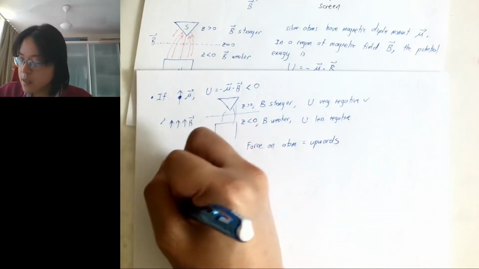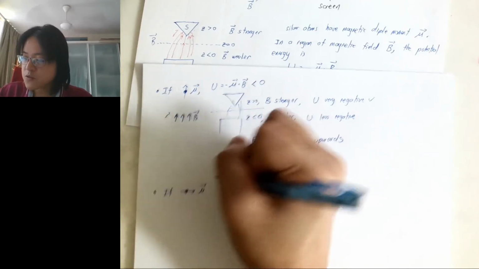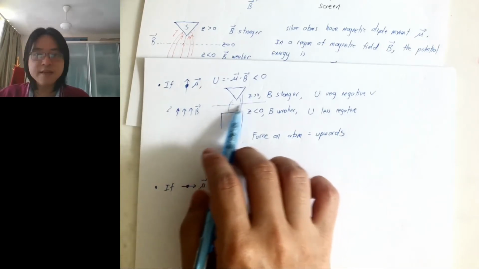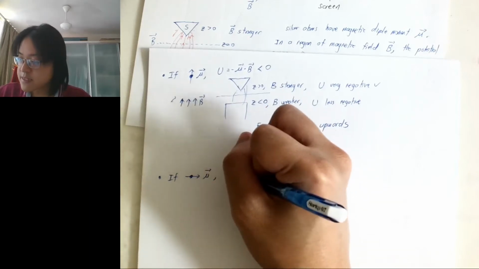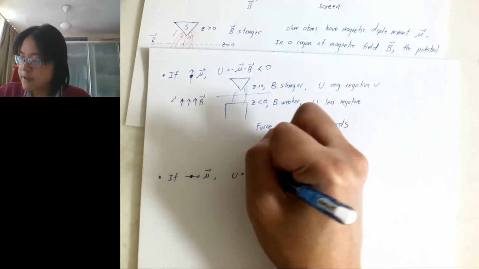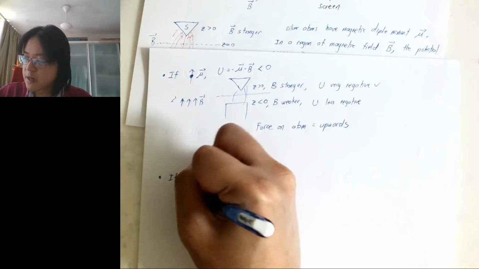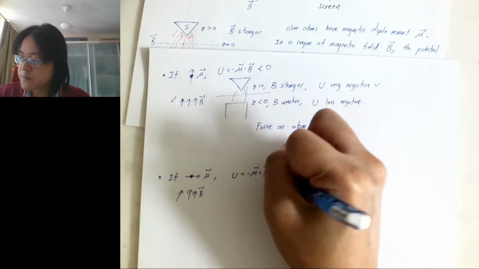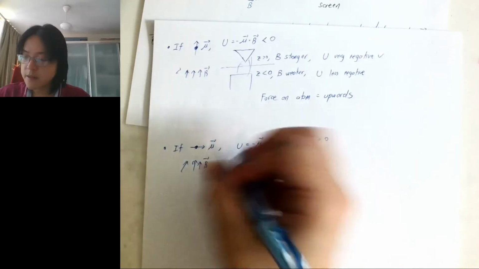Then if it is exactly perpendicular to my magnetic field, with my beam shooting through the center, then U is mu dot B. My magnetic field is upwards, at 90 degrees to this, so mu dot B is 0. So the force in this case is 0.